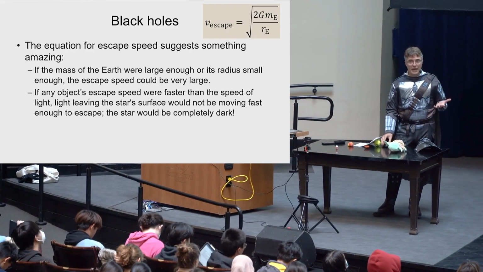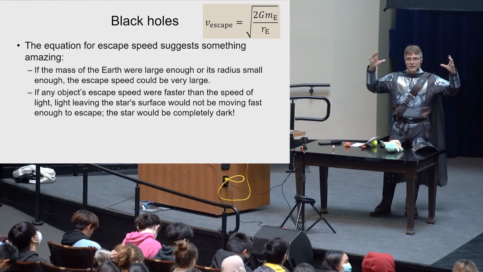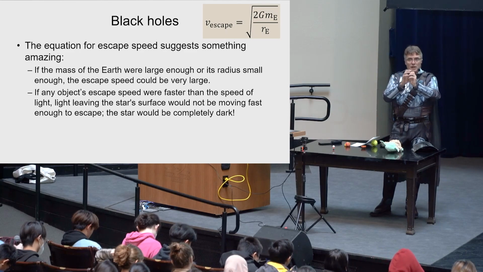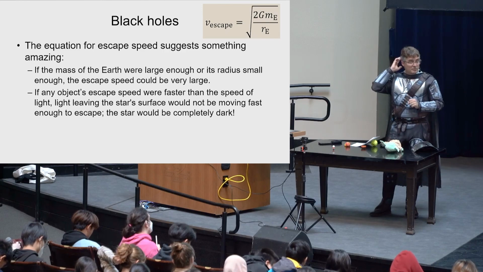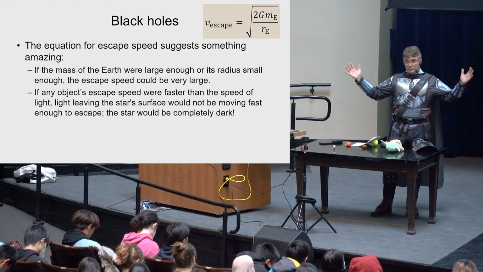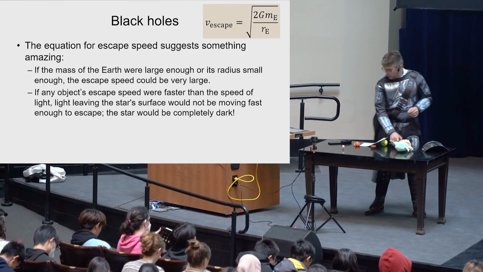So this is what's called a black hole. A black hole is any star or planet or anything such that its mass is so large or its radius is so small that you would have to go faster than the speed of light to reach the escape speed. So by the laws of physics, nothing can escape it. Anything that enters a black hole can never come back out.